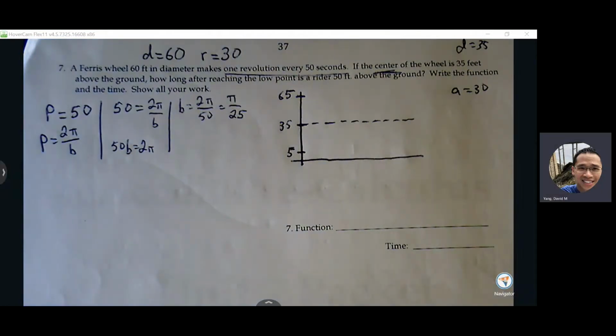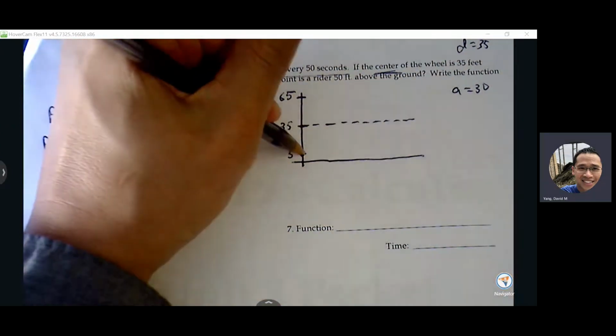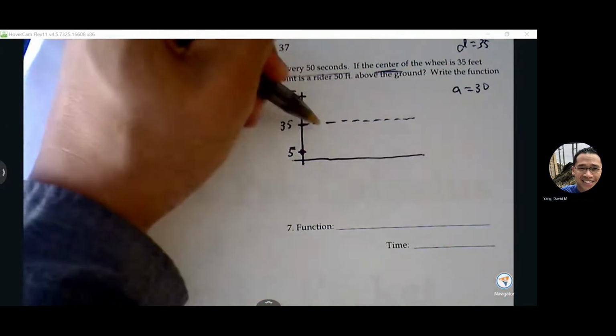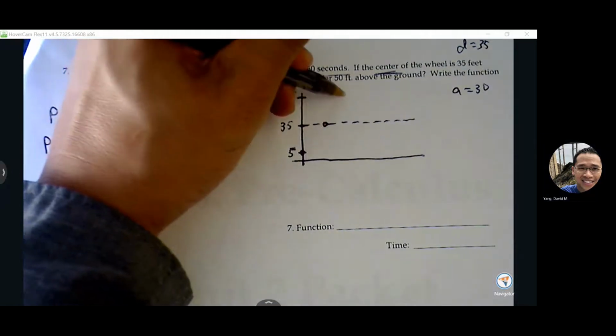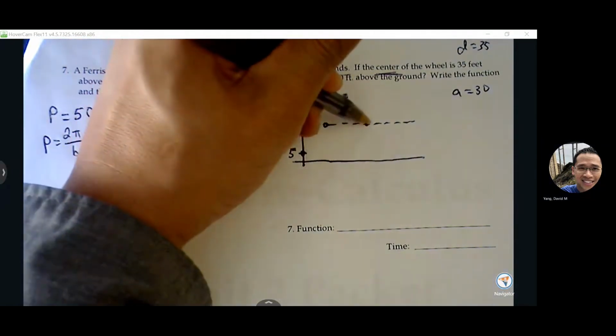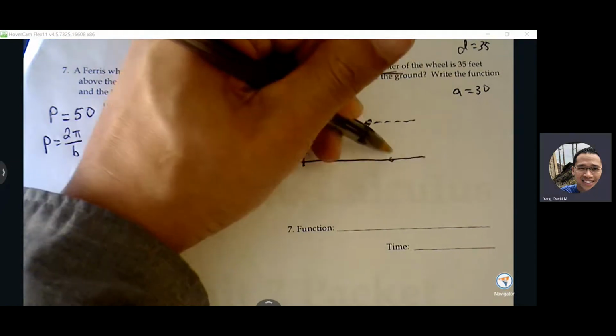So Ferris wheel, we typically get on the Ferris wheel at the lowest point. So I can start here. Midline, maximum, midline.